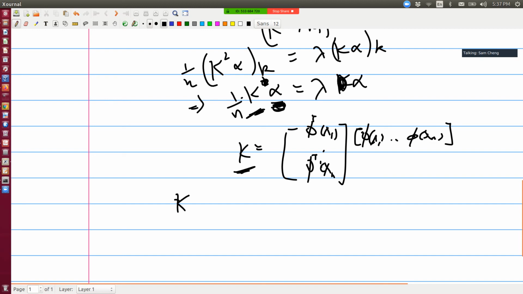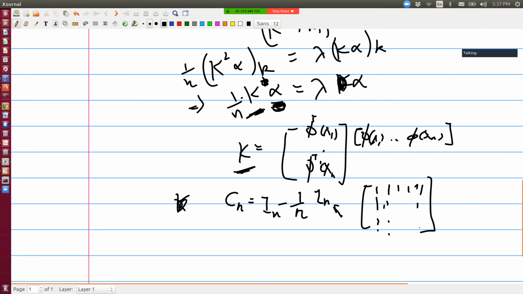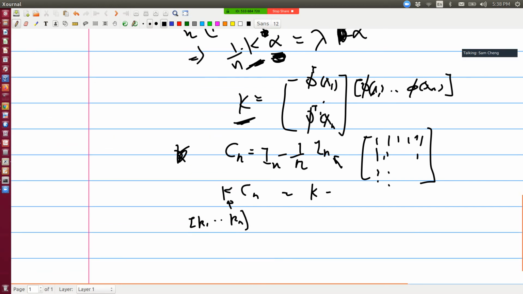Think of it like if I define Cn equal to In minus 1 over n times 1n. This 1n is basically an all-ones matrix here. Then Kcn, what's Kcn? Basically it's equal to K minus, okay, if you think of K here, it's n column vectors here.